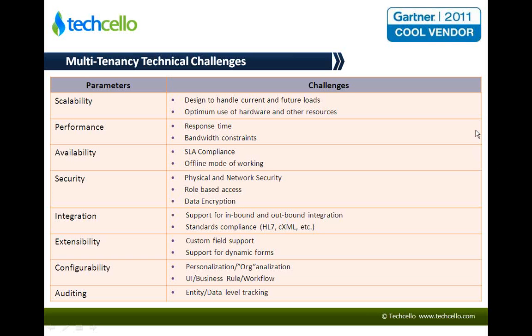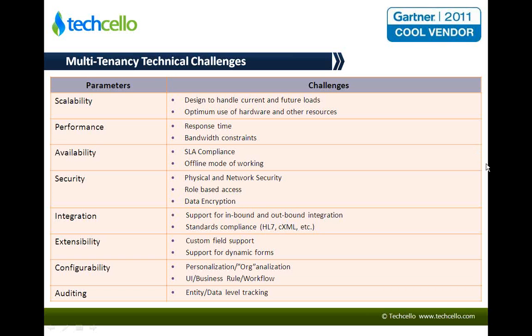The ones you're looking at on the screen are the major non-functional requirements, and let's see how these parameters get altered or become complex for a multi-tenant application compared to an on-premise application or a single tenant application.